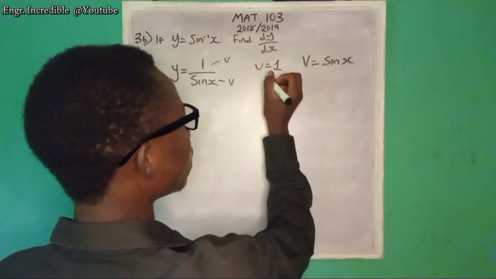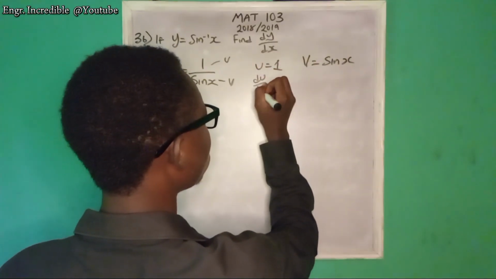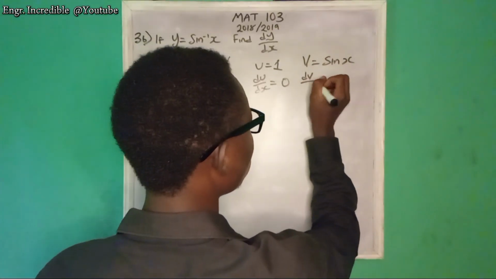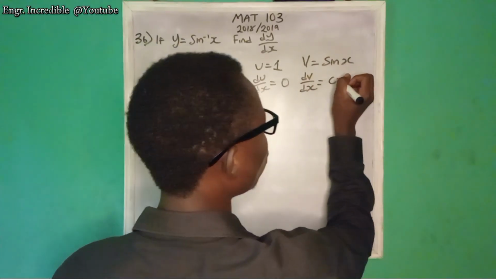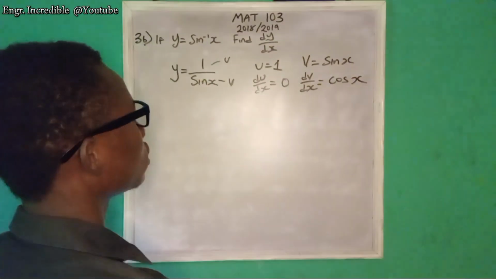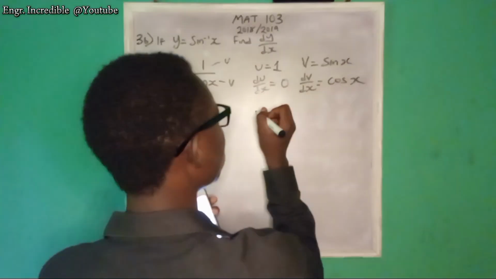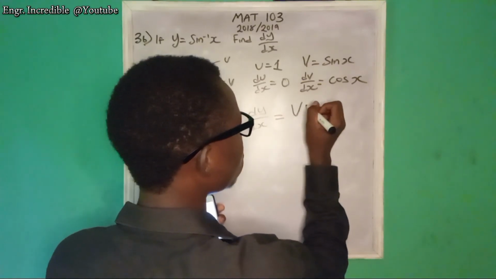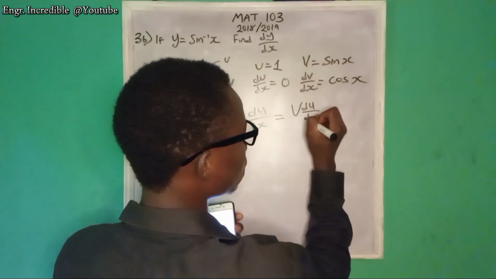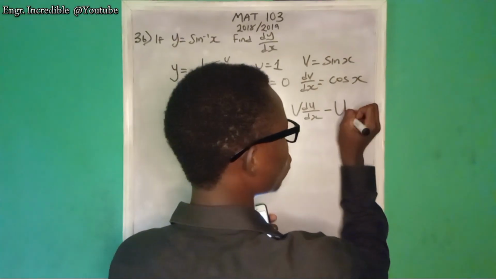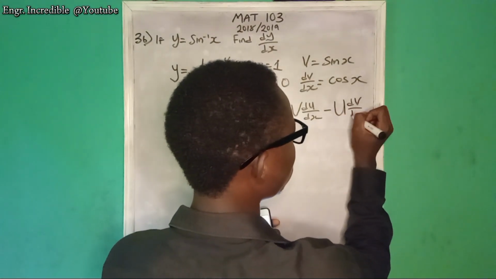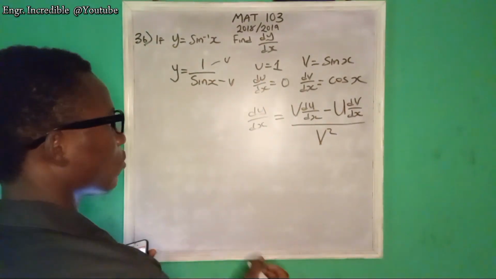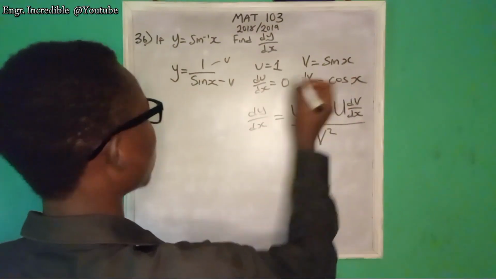So du dx is equals to 0 and dv dx is equals to cos x. And the formula for quotient rule is dy dx is equals to v du dx minus u dv dx, divided by v squared. That is the formula. So we have our v here as sine x.